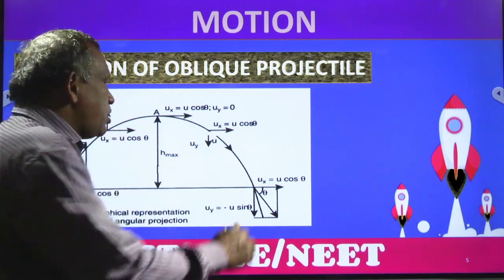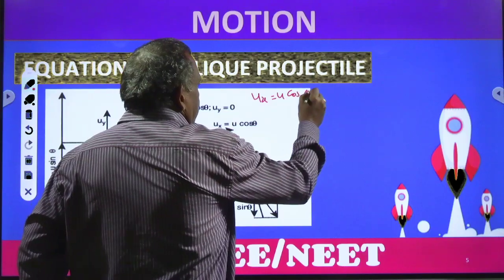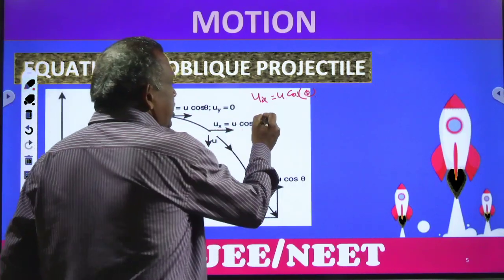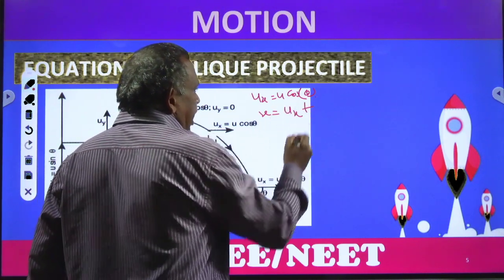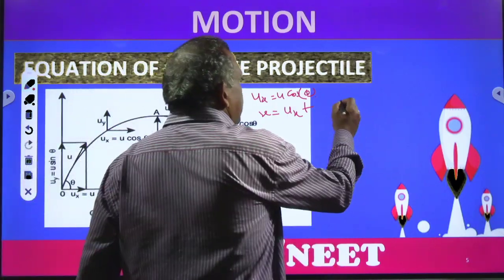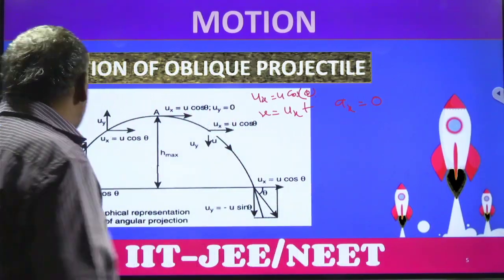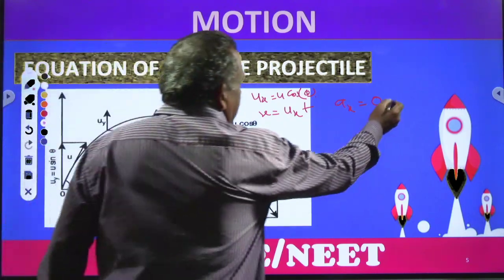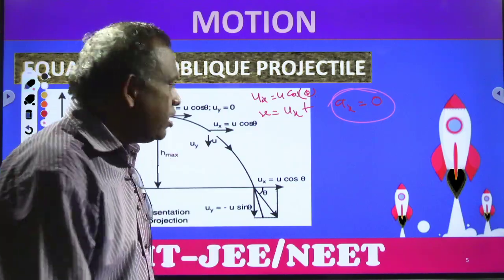Here ux is equal to u cos theta, and for the horizontal distance x, x is equal to ux into t. In the case of an oblique projectile, acceleration along the x direction should be taken as 0. We have to remember this carefully.